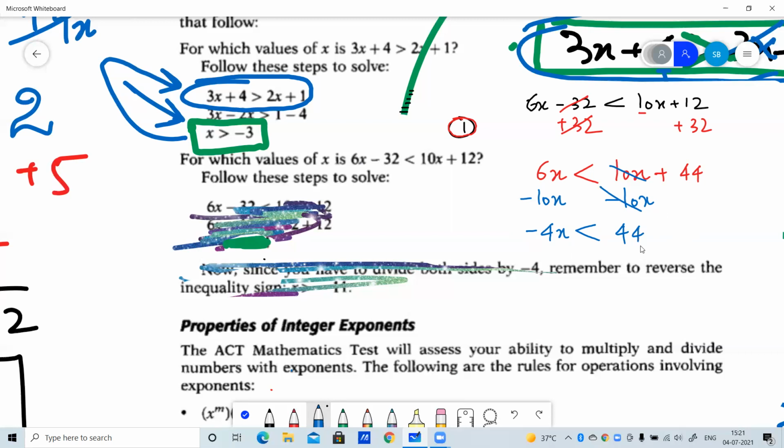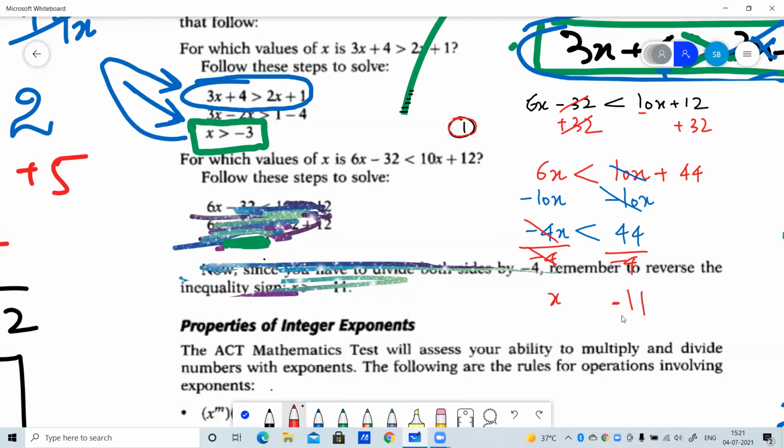44. Correct. So in order to get only x, what will you do with this -4? Divide it. Dividing by -4 on both sides. Now you are dividing by a negative number. And this will be -11 on the right side.